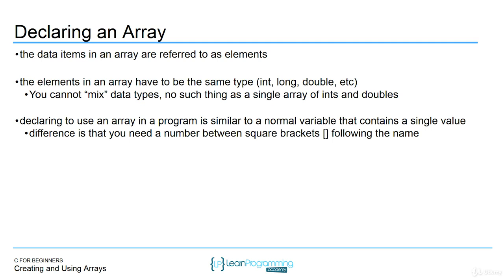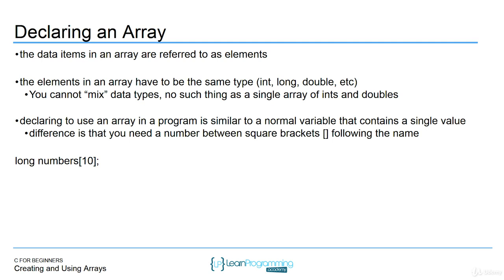Declaring an array in a program is similar to a normal variable declaration. All you have to do is specify the name and then use brackets. That's the only difference, this idea of square brackets following the name. Here's an example. This looks like a normal variable declaration, but what you see here is you have these brackets. That's the one thing that's not normal, and there's a number inside them.